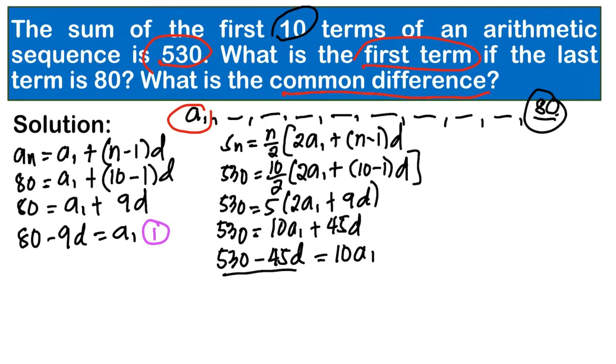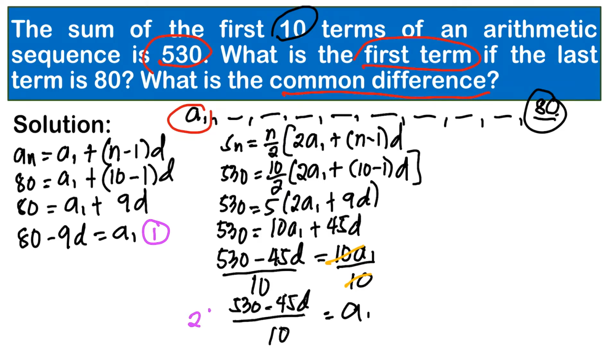Dividing both sides by 10, we have a sub 1 equals 530 minus 45d over 10. So let this be our second equation.